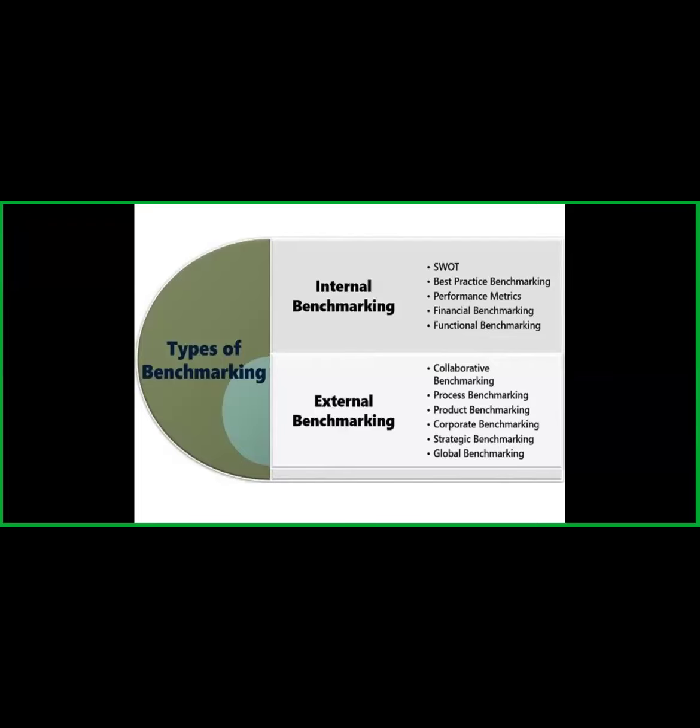Then we will move on to the product benchmark. Now, when we are talking about product benchmarking, it includes many things. For example, it includes launch of the product. It includes the qualities of the product. It includes features or characteristics of the product.